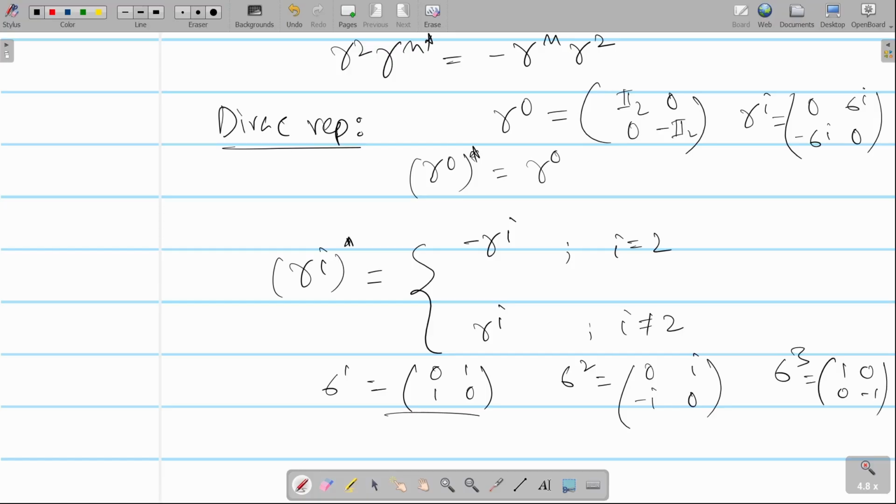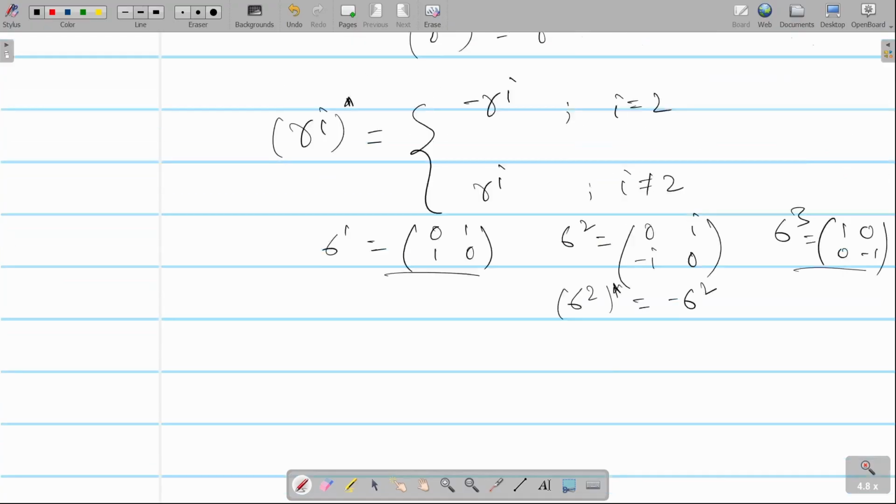So this doesn't change, and this doesn't change under complex conjugation, but this thing changes into minus sigma 2, and you have this thing.